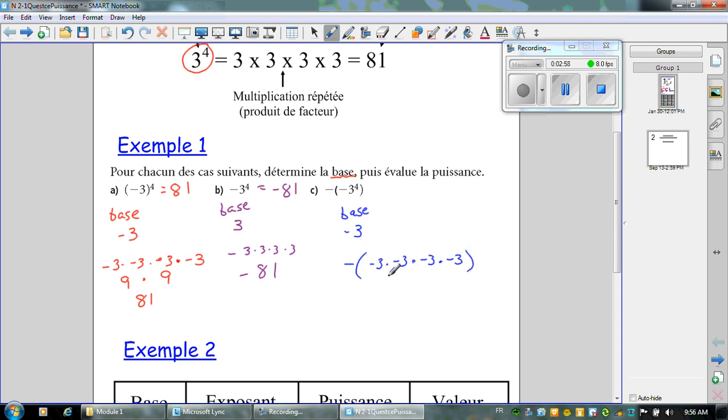So I'm going to have, again, a positive 81 in the brackets with a negative in front. So it's going to be -81. What's important here is to identify what is being repeated. The base is what is being repeated. So you have to identify the base correctly.